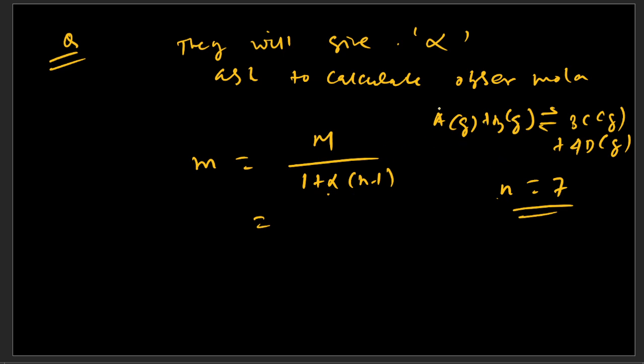So n we get from the equilibrium: at equilibrium, the total number of moles on the product side. The real molar mass we calculate from the gas given, using the general molar mass formula. After that, if we put in the values, we get the observed molar mass. So these are the two types of questions they can ask on observed molar mass.